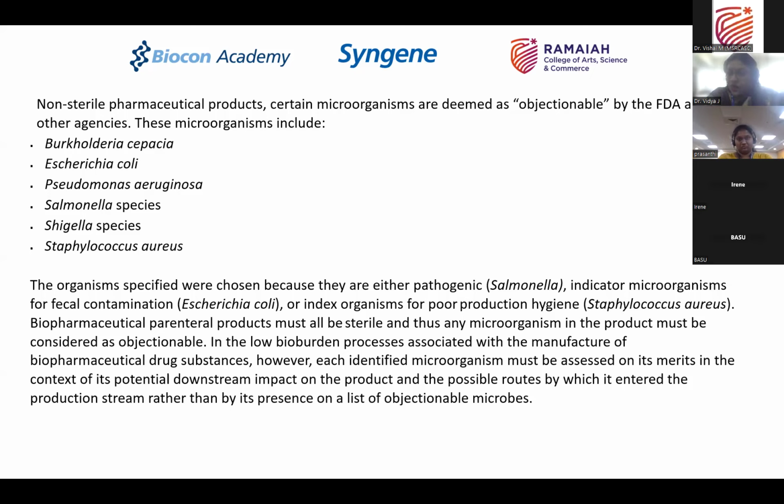For example, if there is fecal contamination, you will find a lot of E. coli. Poor production hygiene, you will get Staphylococcus aureus. Staphylococcus aureus, you will get in the air also. So these organisms can act as indicators for contamination.